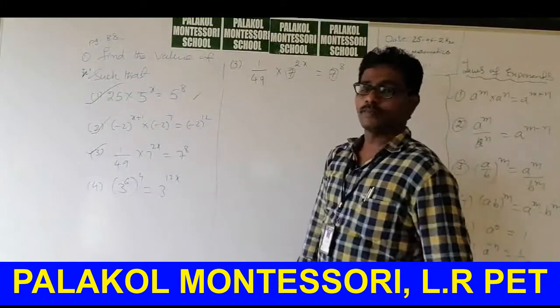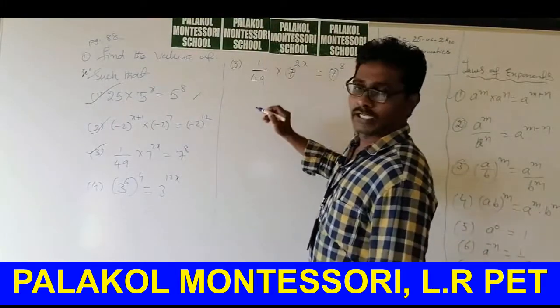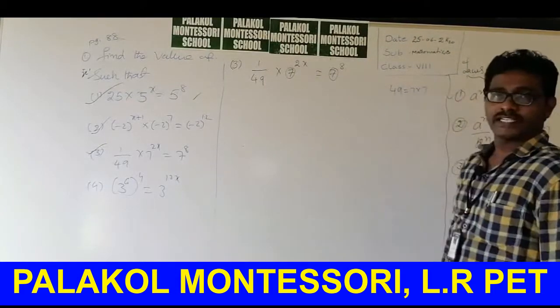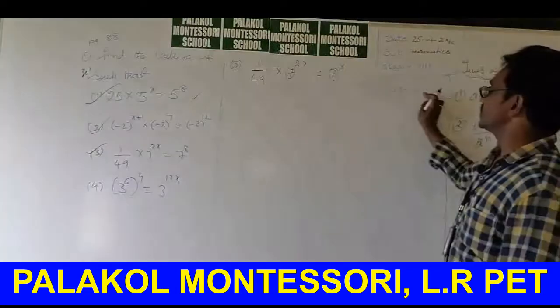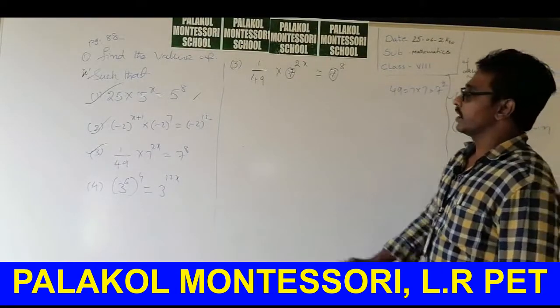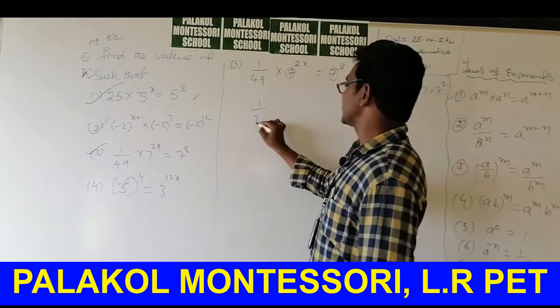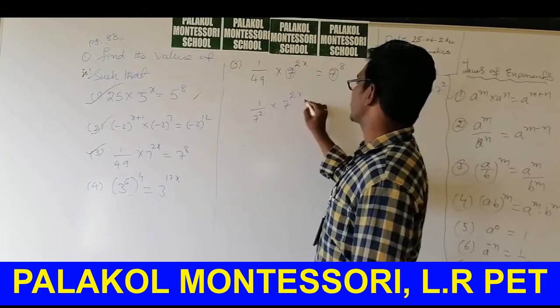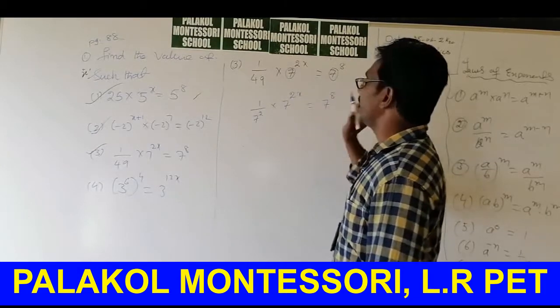How? Check, simple. This one is 1 by 49. 49 you write as 7 into 7, 7 sevens are 49. That means simply you write 7 square. So 1 by 7 square into 7 to the power of 2x is equal to 7 to the power of 8, guys.